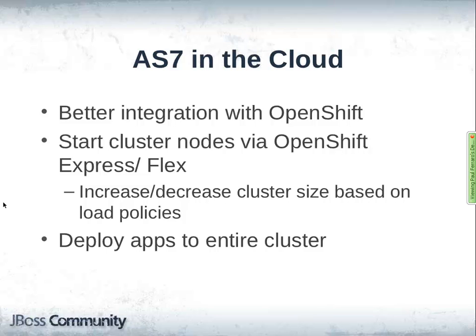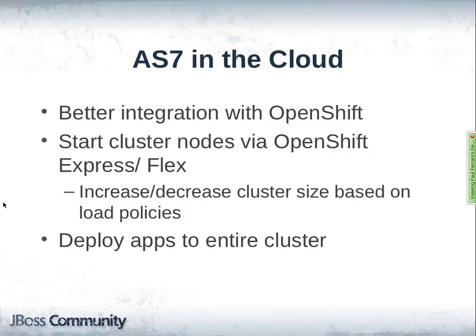Okay, the last two slides are about AS7 in the cloud. We announced OpenShift, which is an environment to run JEE applications, and obviously you also want to deploy clustered applications. One of the work items, and that work is completed, is better integration with OpenShift.